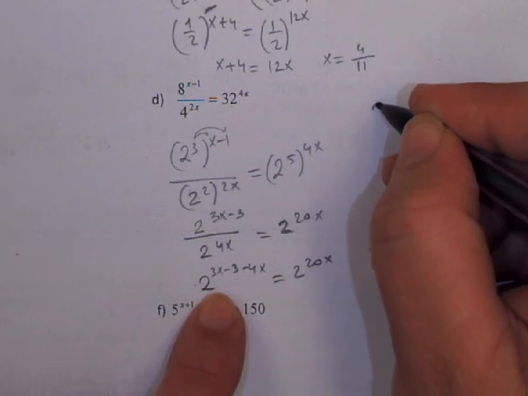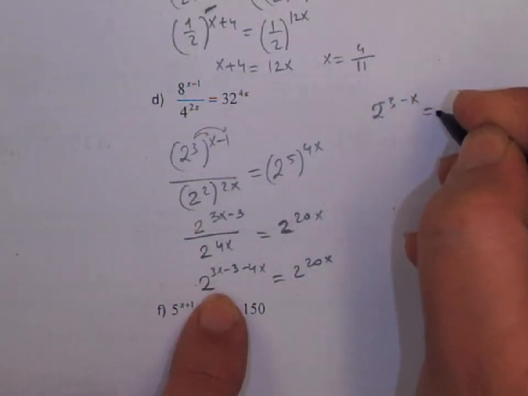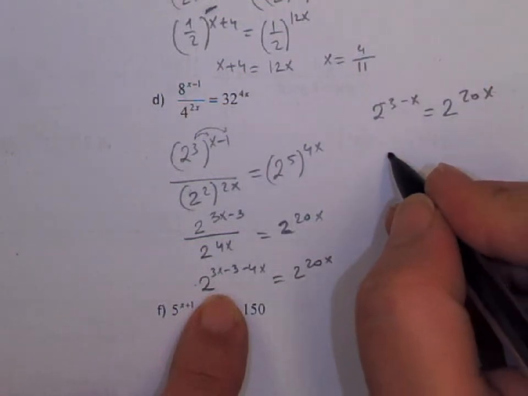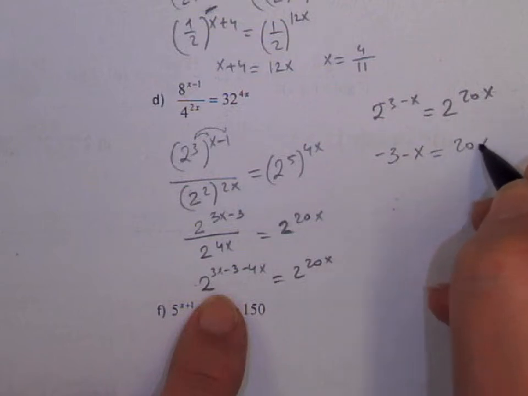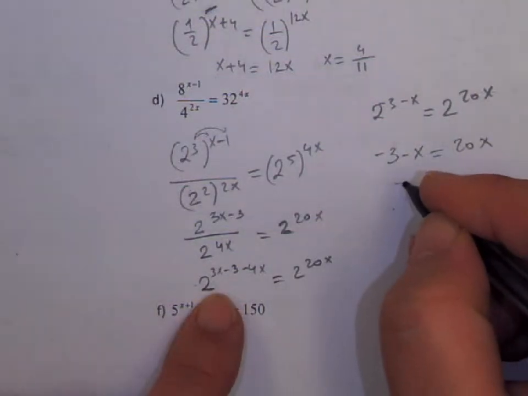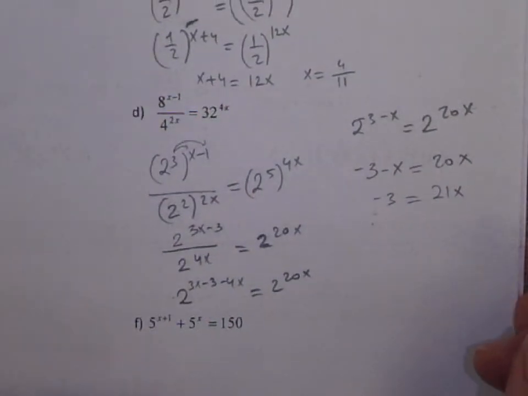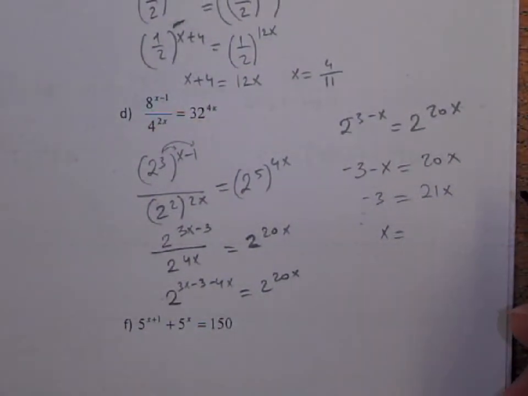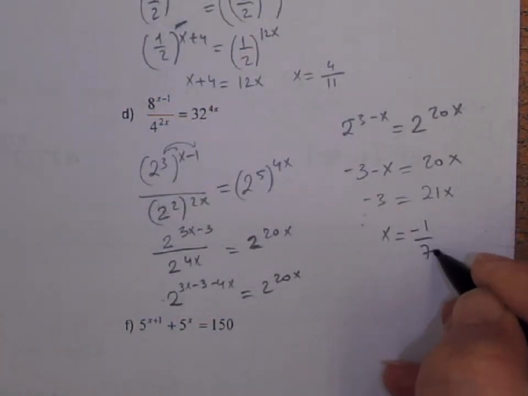And this gives you 2 to the power of negative 3 minus x equals 2 to the power of 20x. So now we can make the powers equal to each other. So we get negative 3 equals 21x. x is negative 3 over 21. Simplify, you get negative 1 over 7.